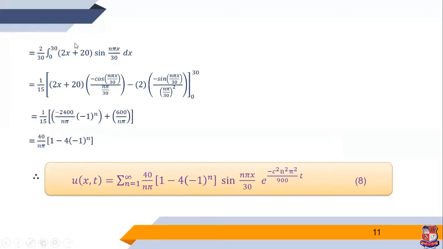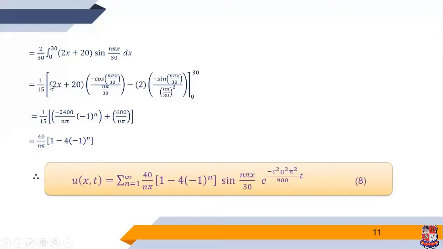So this is u and this is v. So u times the integration of this term, minus the derivative of this term which is 2, times again the integration of this term, from 0 to 30. Now x is replaced with 30.